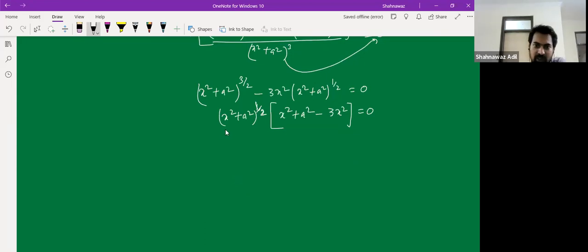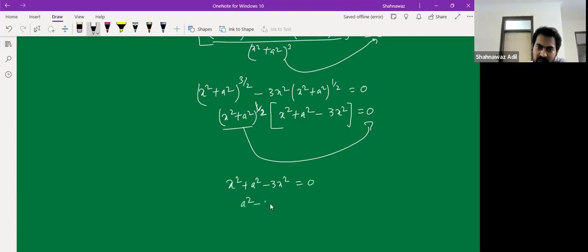Okay. So this goes in here and becomes 0, right? And we have x square plus a square minus 3x square is 0. So this is a square minus 2x square is 0. So 2x square is a square, and we have x square is a square by 2.